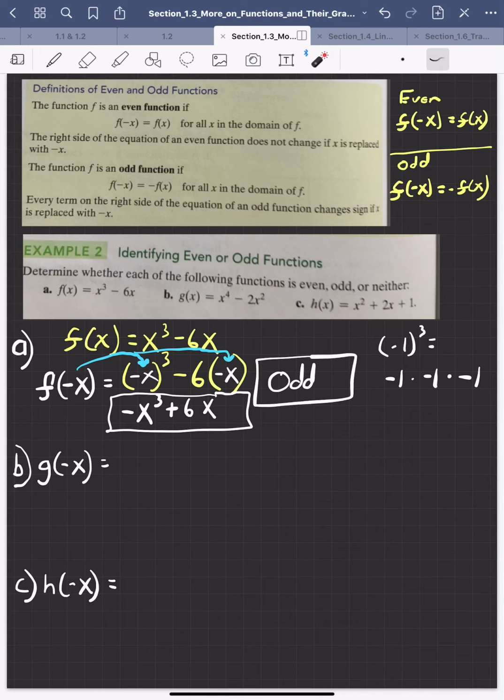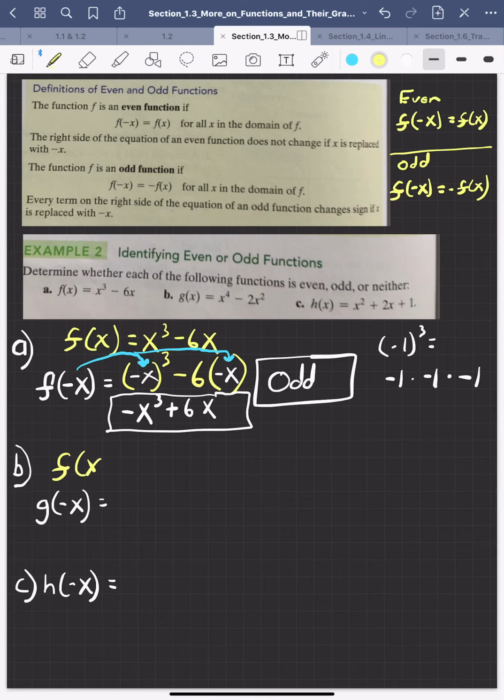Okay, so let's jump to part B. Now it's going to proceed the same way. We're going to do exactly what we did here, and then once we get to this step, we're going to see if we can figure out if it's even or odd. Ready? So this is what we start with.